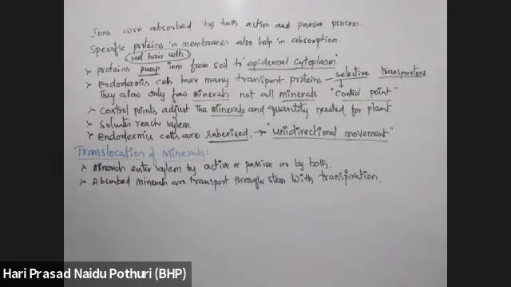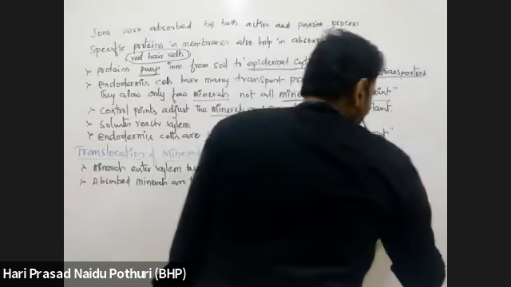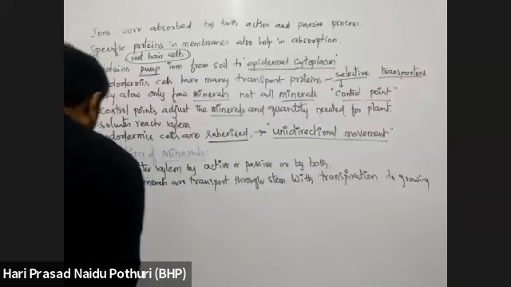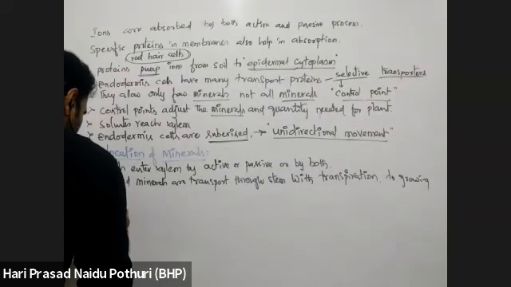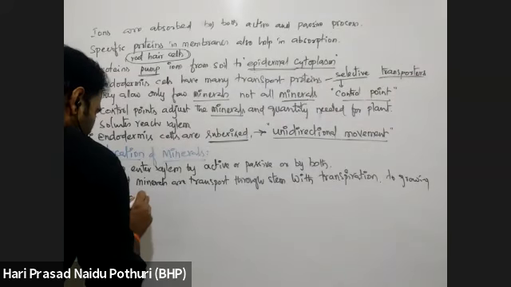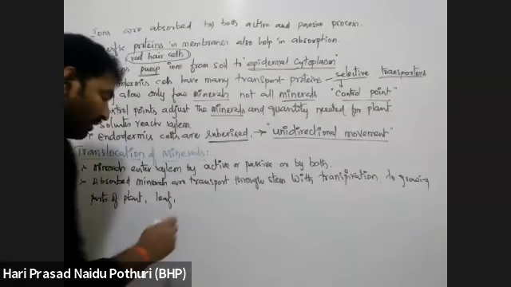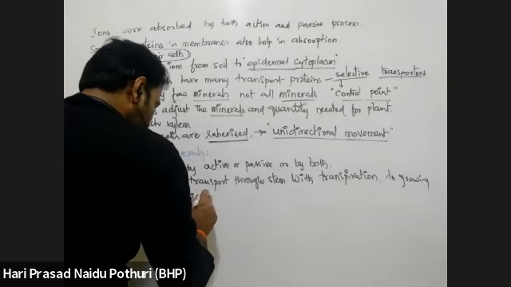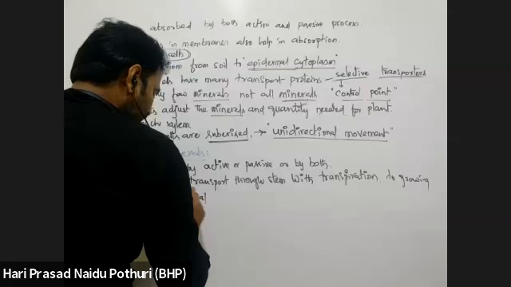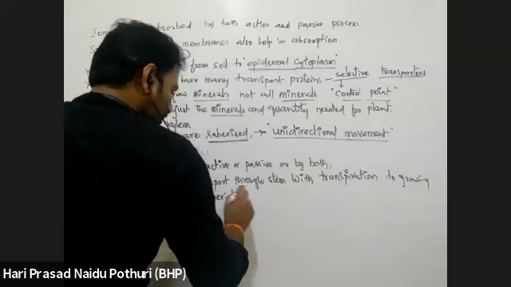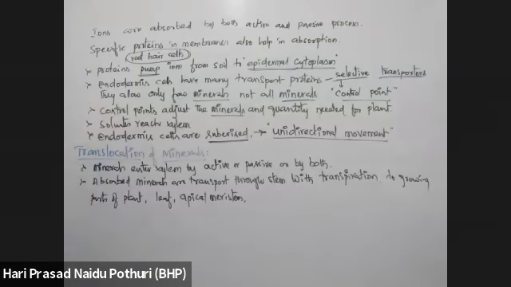Okay. So what happens to the growing parts of plants? What are the growing parts of plants? Leaf is a growing part. The apical meristem, the stem tip, is a growing part.